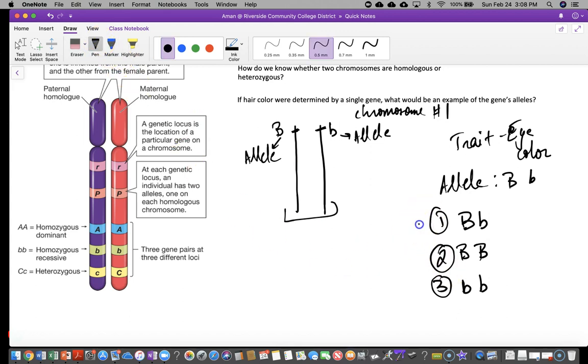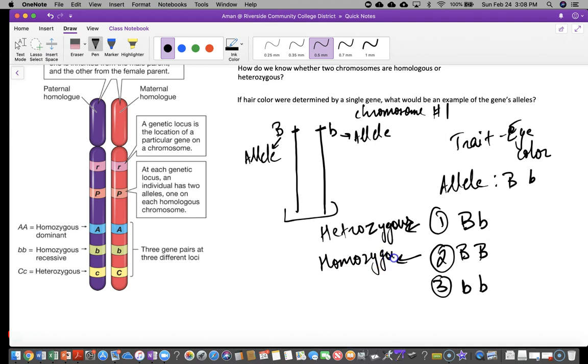We're going to call this one heterozygous. Hetero, as you know, means different. And then the last two are homozygous.